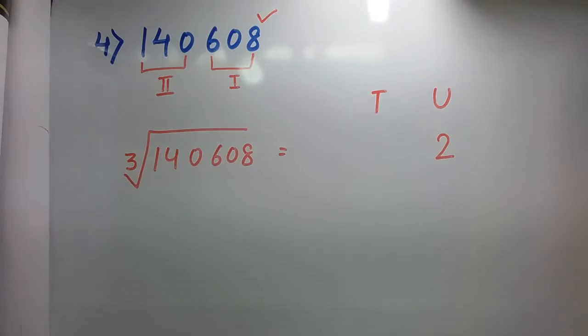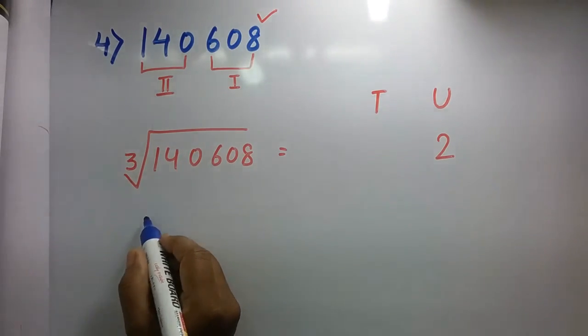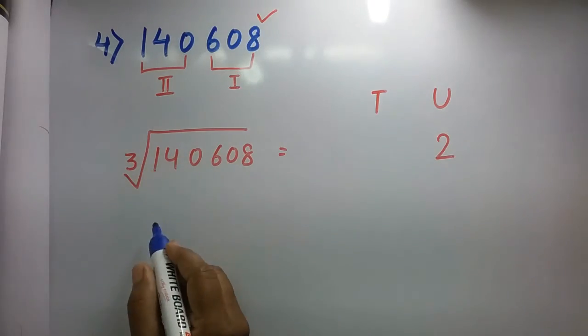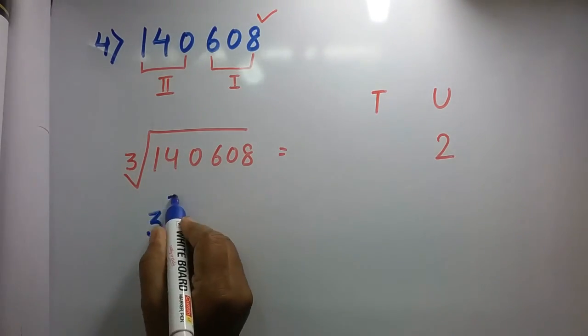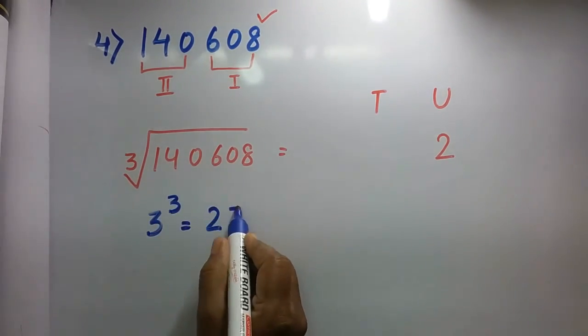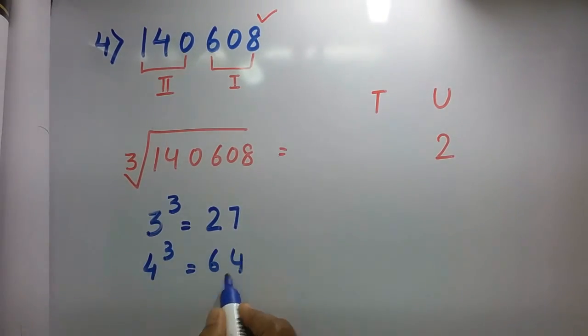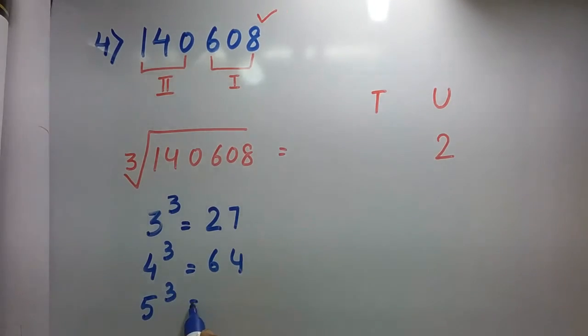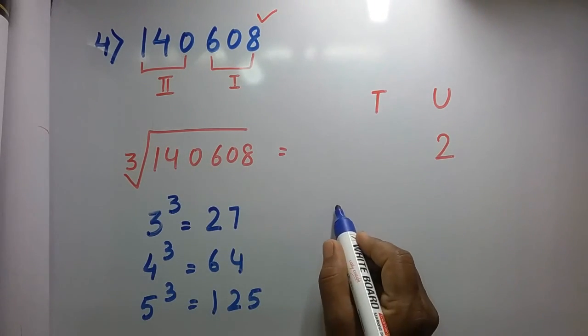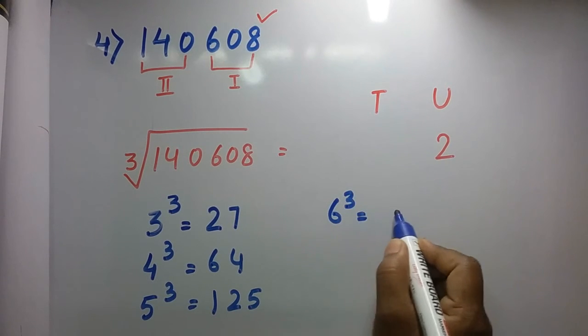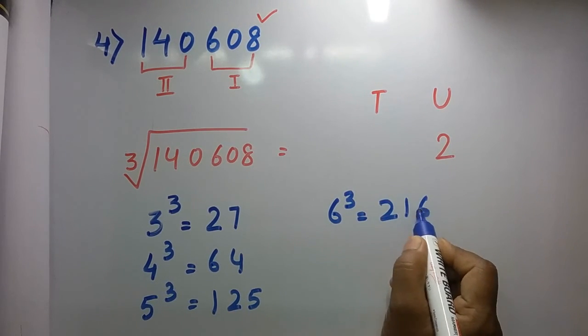We have to see the tens place, which is 140 this time. You can start with 1 cube. If you don't want to, we know that the number is greater, so you can also start from 3 cube. 3 cube is 27. 4 cube is 64. 5 cube is 125. Still it is small. Then you can think of 6 cube, which is 216.